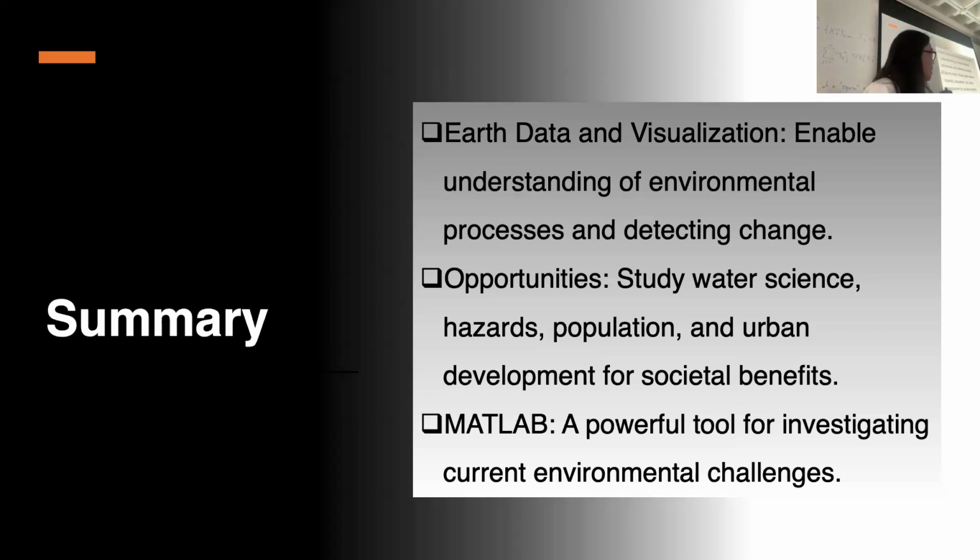Many of the examples that I showed were water related and hazard related, but you can also use different kinds of Earth data for urban areas or populations. Especially with the increase in buildings, you can see it over time based on the temporal resolution of the satellite and see how the Providence area has changed or how the US has changed.